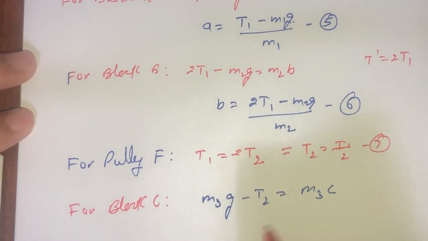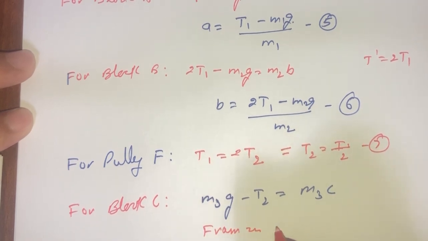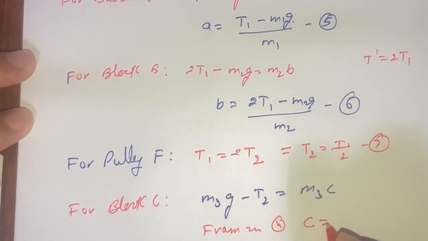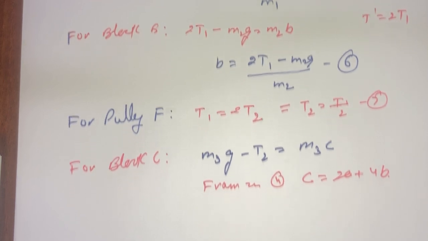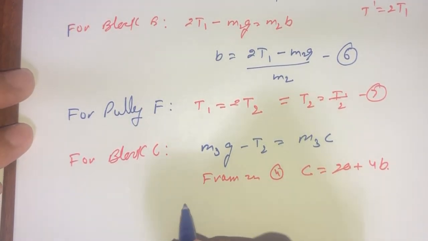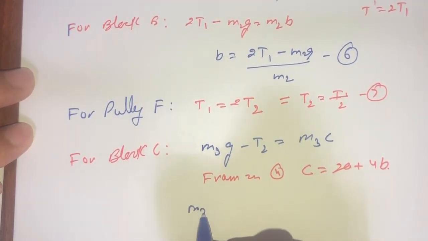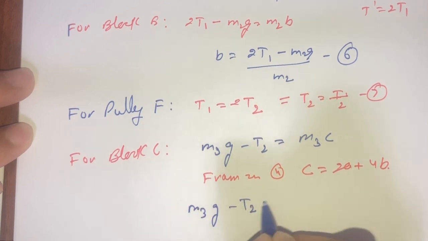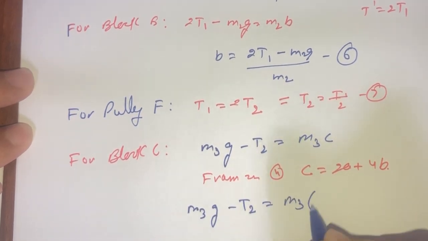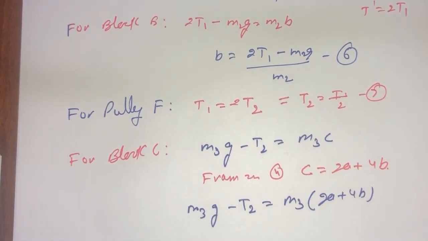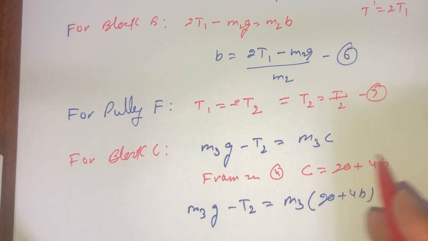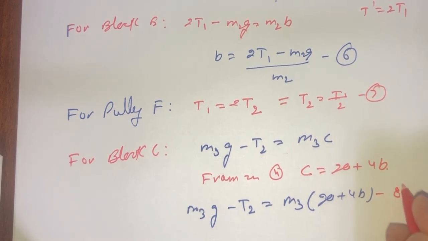So we can say that from equation 4, C is equal to 2A plus 4B. So we substitute here, we get this as m3 g minus T2 is equal to m3 times (2A plus 4B). And let this be equation number 8.